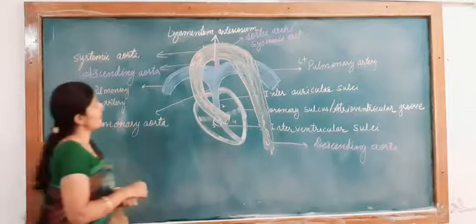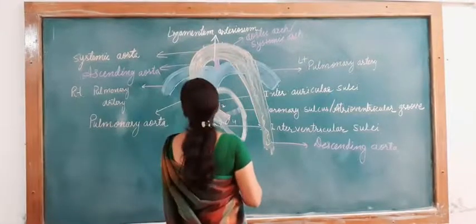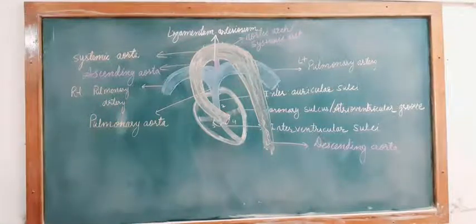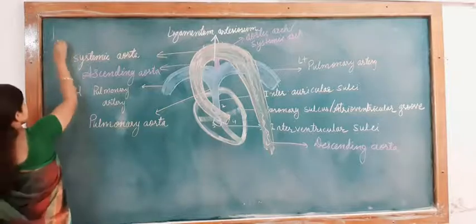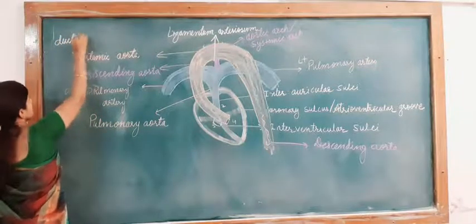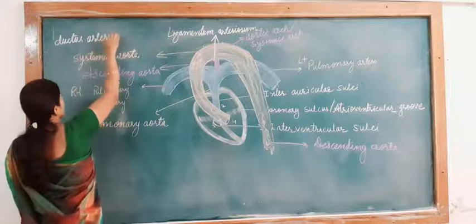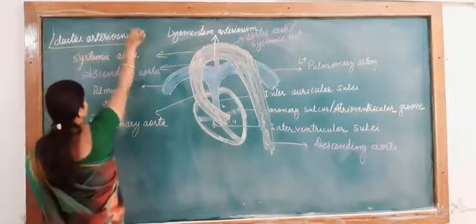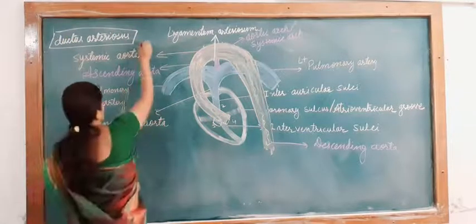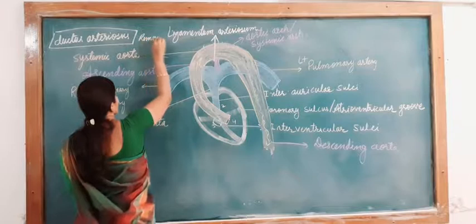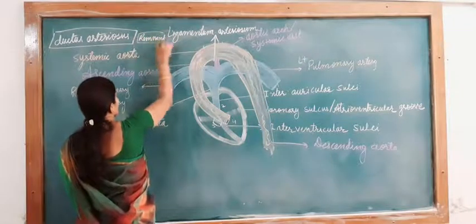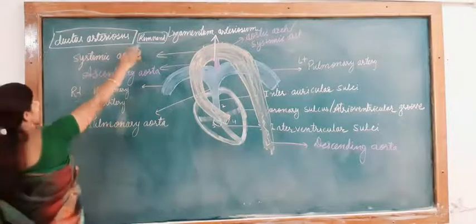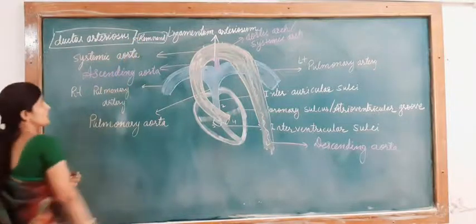The ligamentum arteriosum is the remnant of the ductus arteriosus, the embryonic remnant.